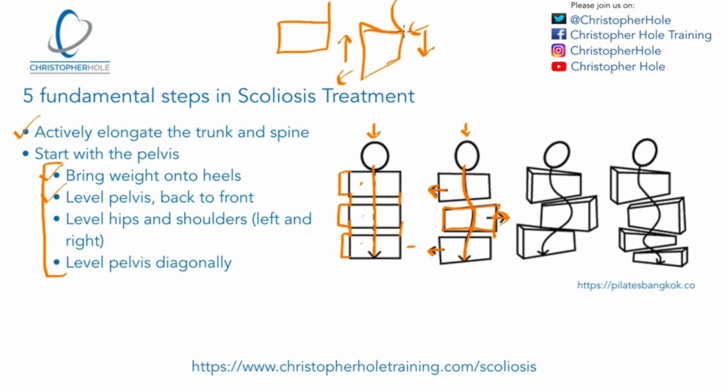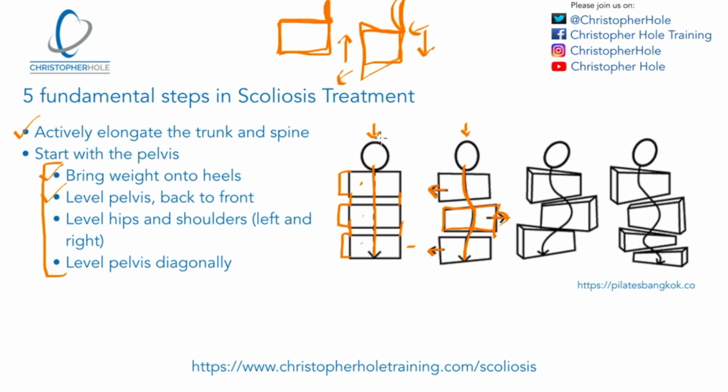What that will do, that will soften the curve at the lumbar spine, and it will also level the pelvis to bring it more into this position. So we'll soften the curve at the lumbar spine, and we'll bring this pelvis more into, let's just say, a neutral position.